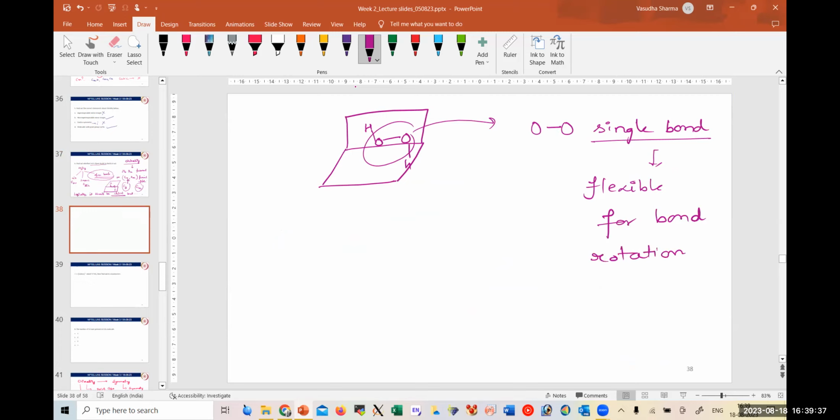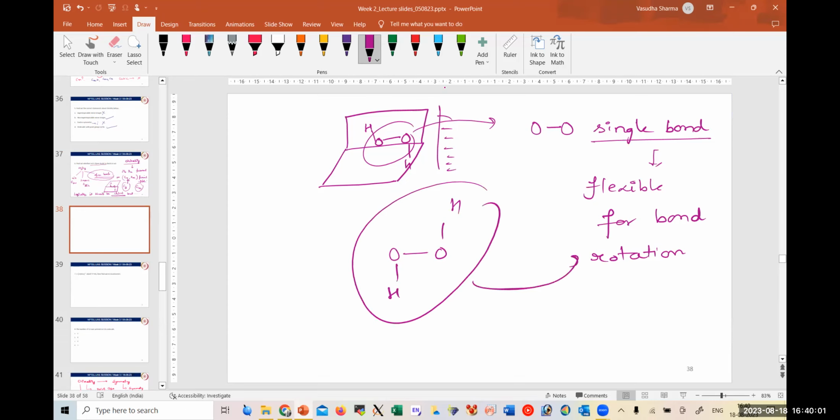When the bond rotation happens, it will look something like this. If I draw its mirror image, thinking it is a chiral molecule, the mirror image would be like this. But since the bond rotation is happening, it will again come back to the original form.